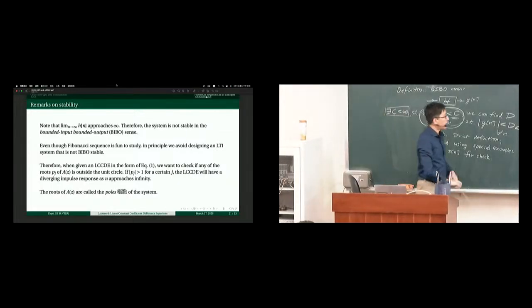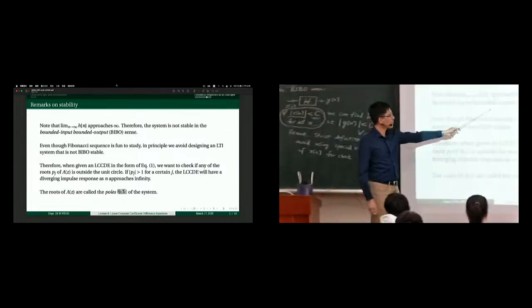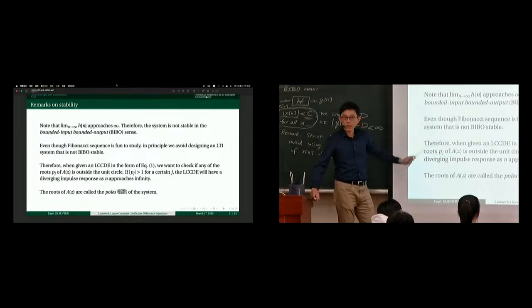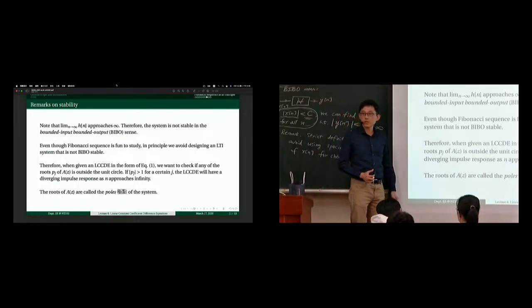The boundedness of the output needs to be guaranteed for any possible bounded input.